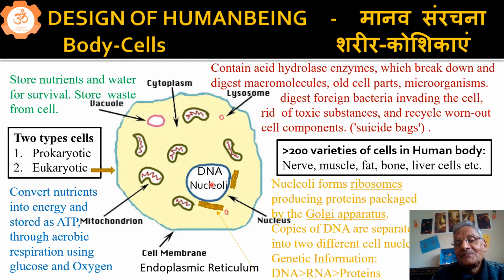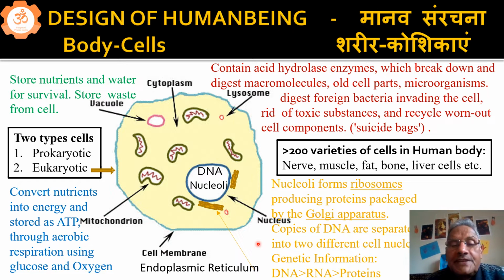What is DNA? DNA is the genetic instructions, and that forms the protein. So this protein, rather ribosome, is attached with the rough endoplasmic reticulum, and with the smooth endoplasmic reticulum, some lipids or toxic items are attached.